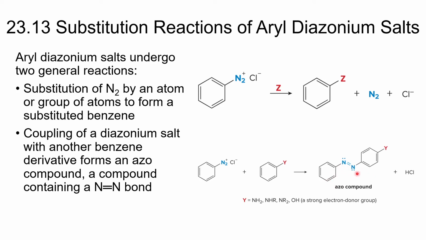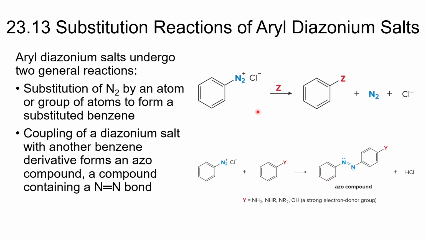We're also going to talk about what they use these azo compounds for. Because they're so highly conjugated, they tend to absorb in the visible part of the spectrum, which means they tend to have colors that are not just yellow or colorless. They tend to have some bright colors to them. So we'll talk about those in a bit, but first let's look at substitution reactions.